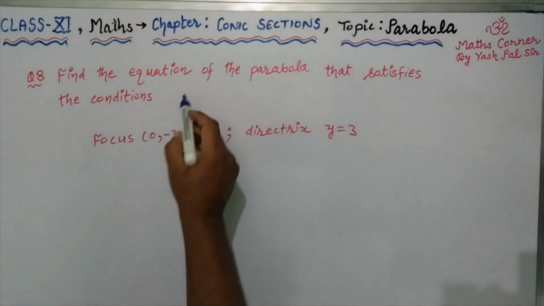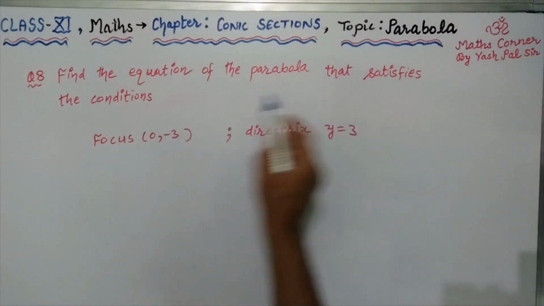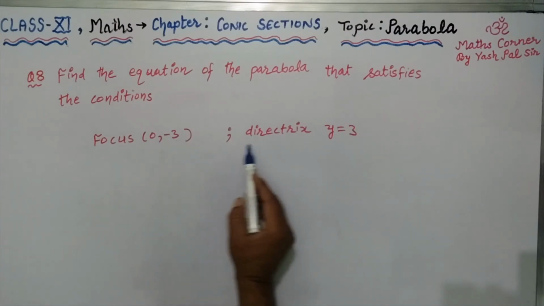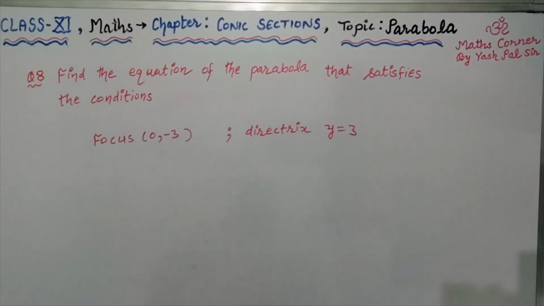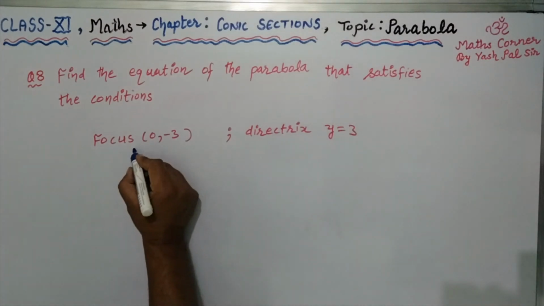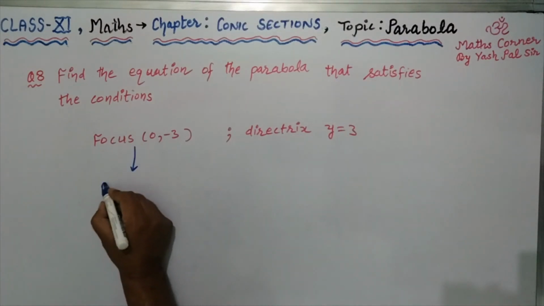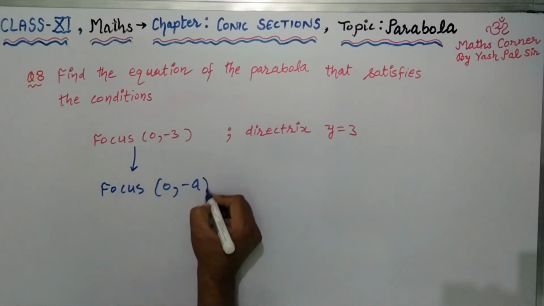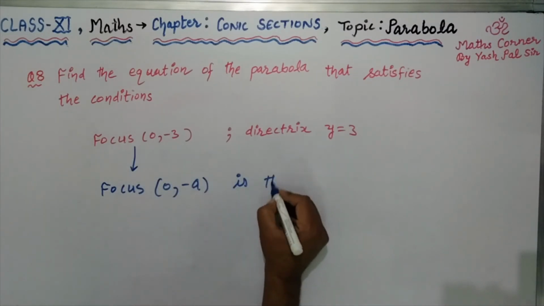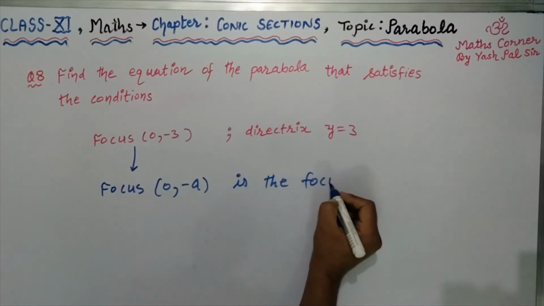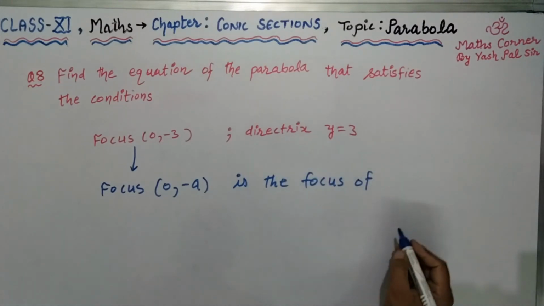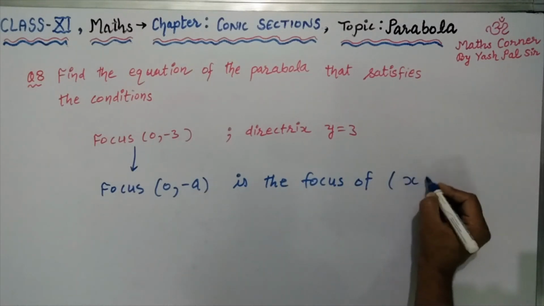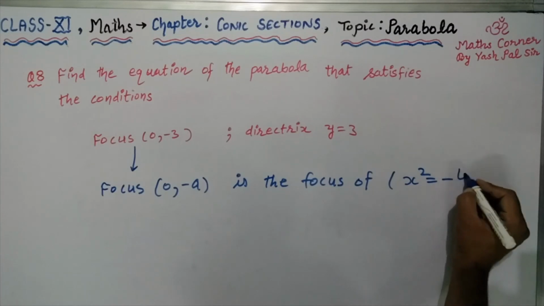Next question. Question number 8. Find the equation of the parabola that satisfies the conditions. Focus 0 comma minus 3, directrix y is equal to 3. Again we know that focus 0 comma minus a is the focus of the parabola.